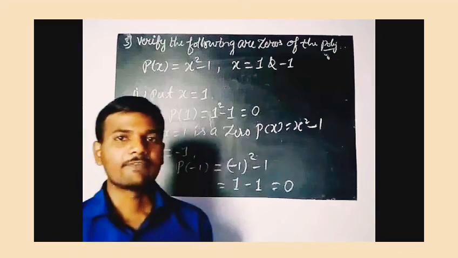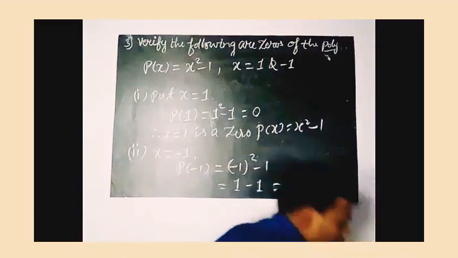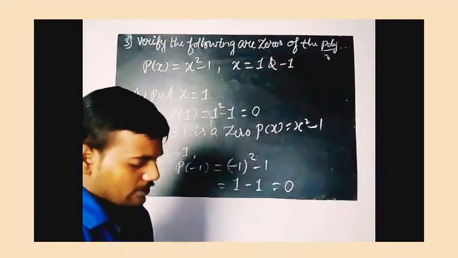Next, let me have some examples to find the zeros of the polynomial.